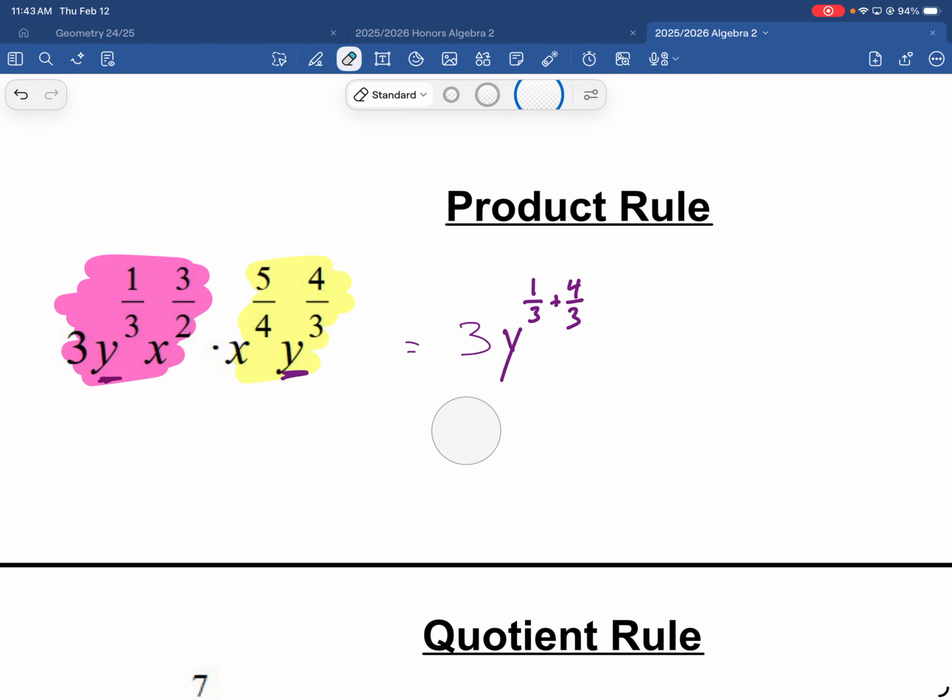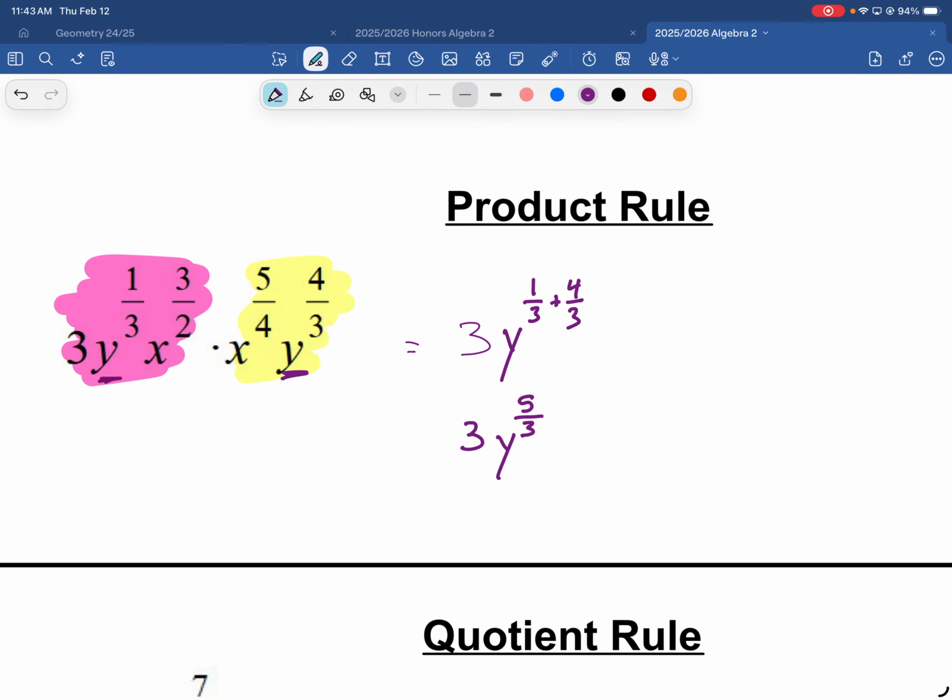Now, just underneath it, I'm going to keep moving with it. 1/3 plus 4/3. Remember, when you add fractions, you have to have a common denominator. Once you have that common denominator, you just perform the operation. So 1 plus 4 is 5. You leave your denominator the same. So our denominator is 3. So we've got y to the 5/3.